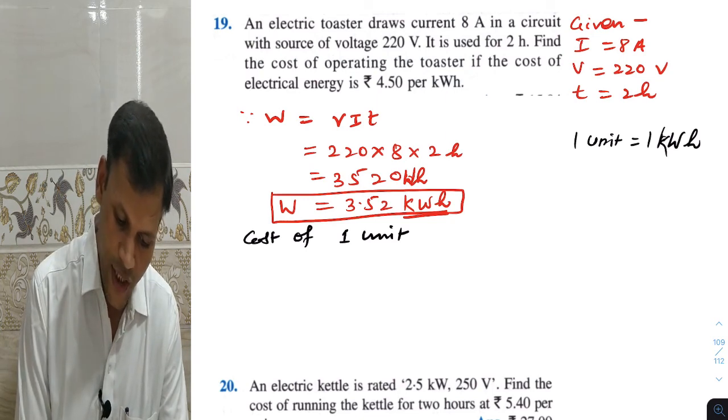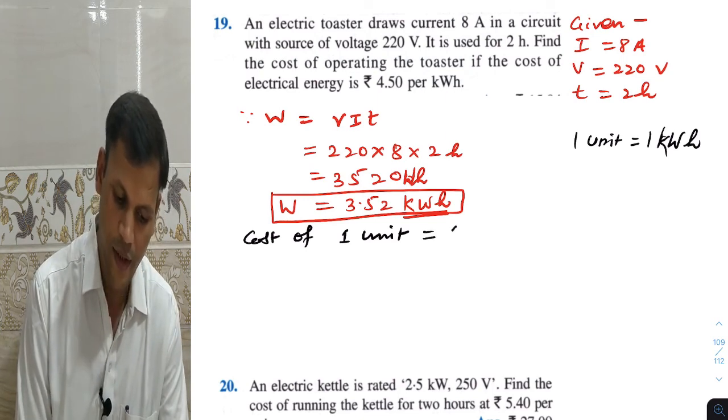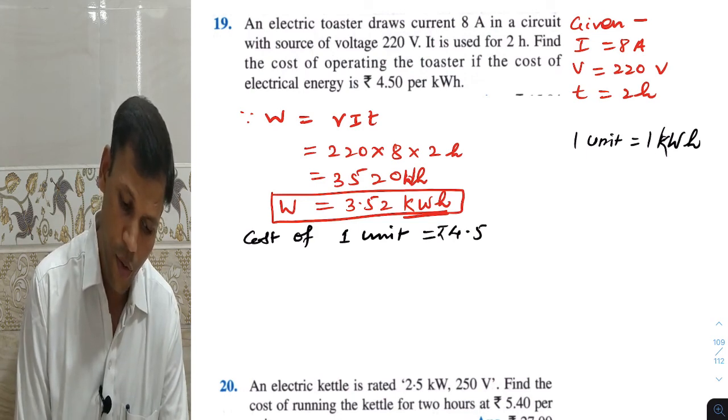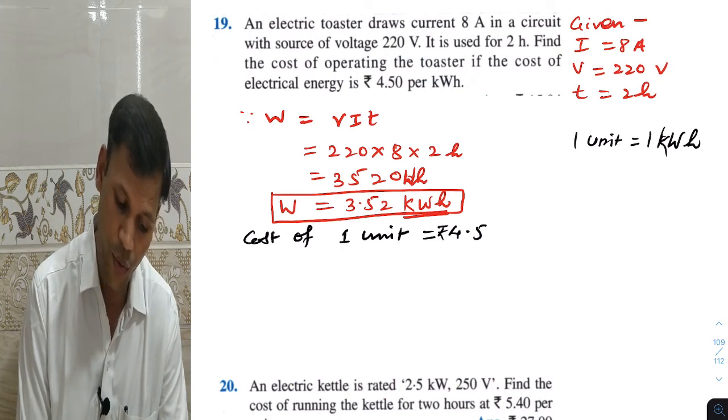So cost of 1 unit is given as 4.5 rupees. So we can write, the total we got is 3.52.